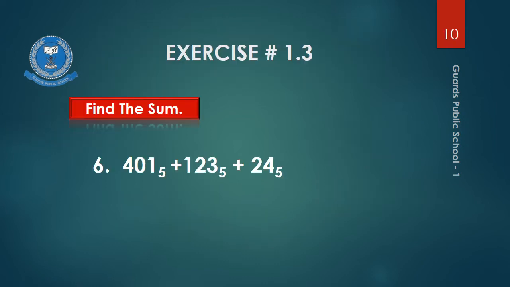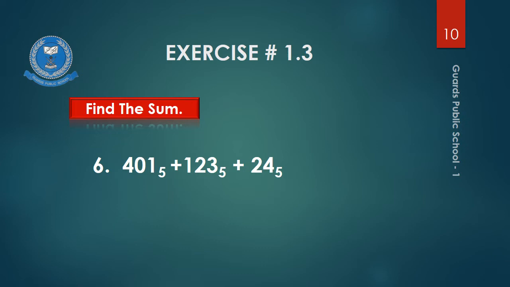Exercise number 1.3, find the sum, and question number 6 is 4, 0, 1 with base 5 plus 1, 2, 3 with base 5 plus 2, 4 with base 5.